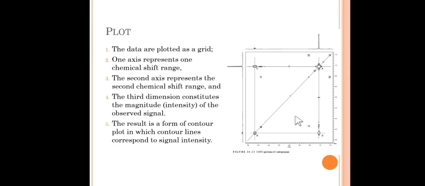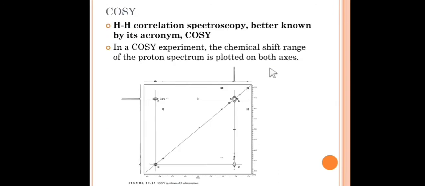These off-diagonal peaks are of our interest. Again, the two parts are exactly mirror images of each other. This half, or this triangle, is a mirror image of this one. So if we consider only one part, that is also fine for the analysis.